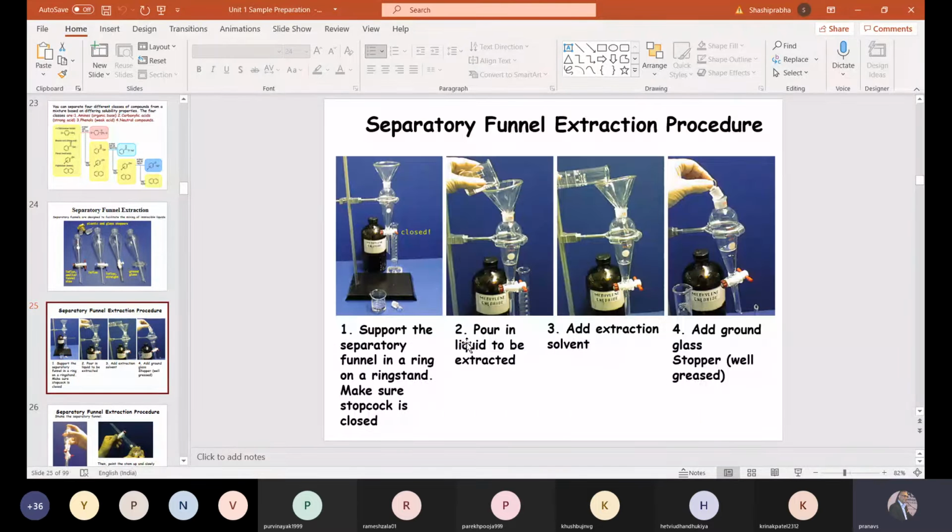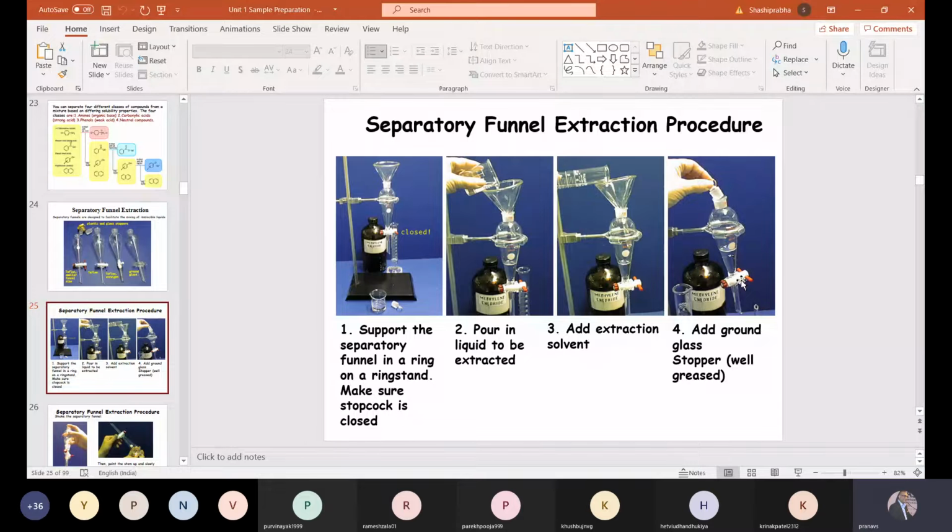And these are certain steps during liquid extraction using conventional separatory funnels. So one can easily pour the liquids through with the help of a funnel. So one can have both the phases together in this separatory funnel, keeping this knob closed here.